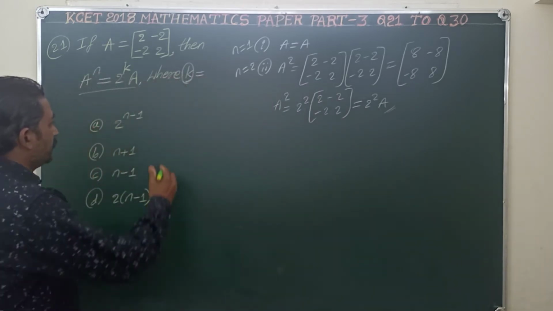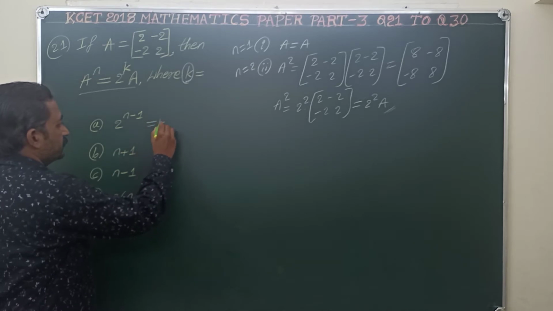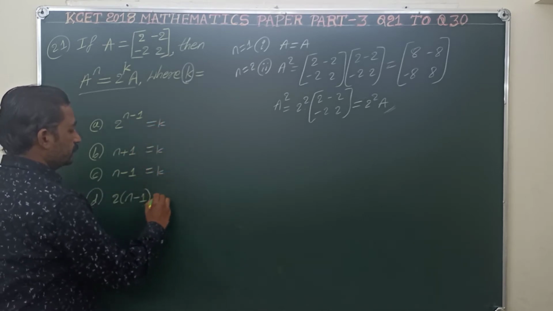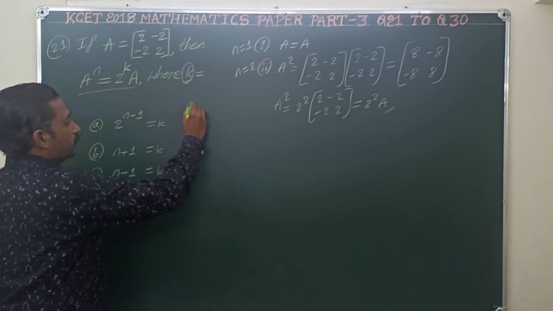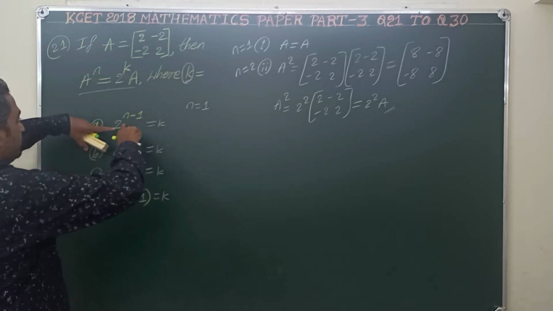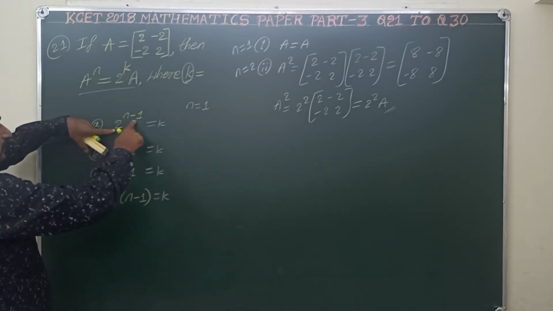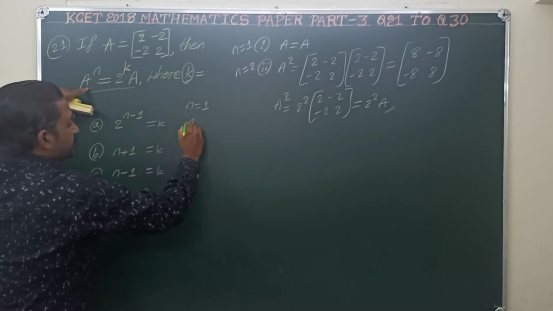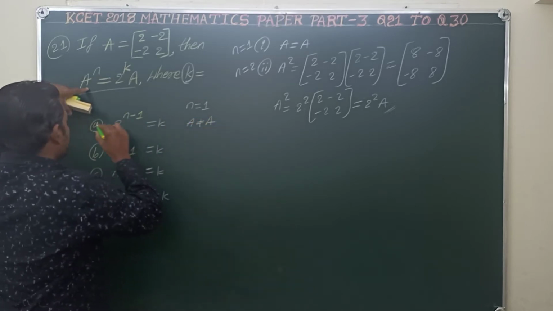Now put n is equal to 1 in the k values. In the first option, put k is equal to 2 to the power of n minus 1 and n is equal to 1: A is not equal to A in this case. So this option is wrong.